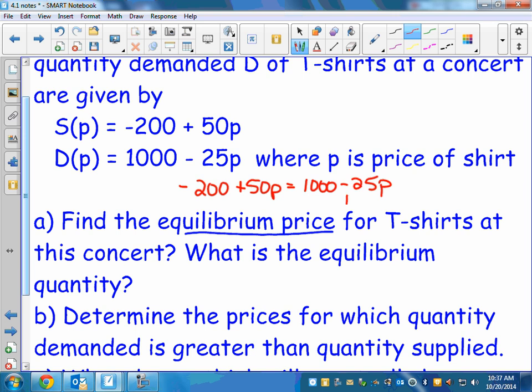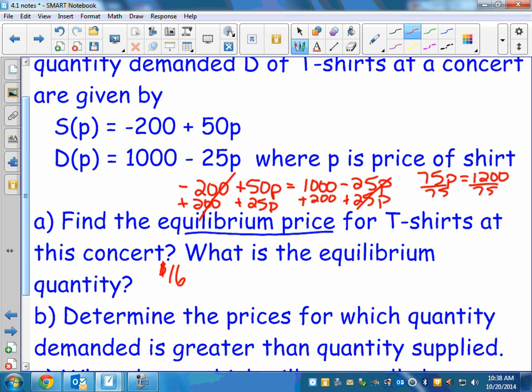So if I add 25p to this side, and I add 200 to this side, I would get 75p equals 1,200. Do you agree with that? And if you divide by 75, you get 16. So find the equilibrium price for t-shirts at the concert.